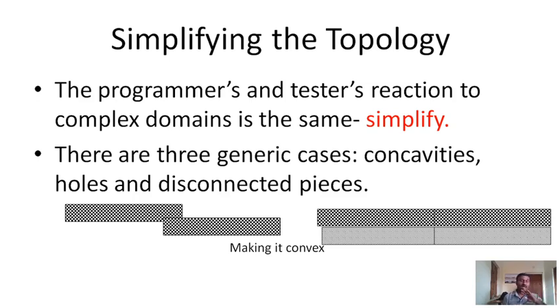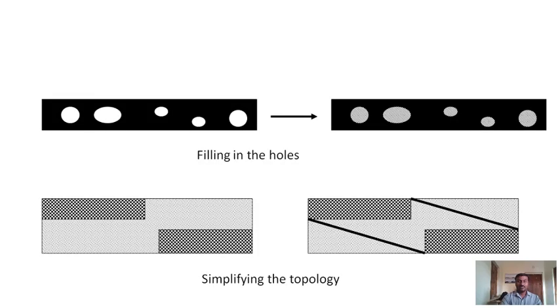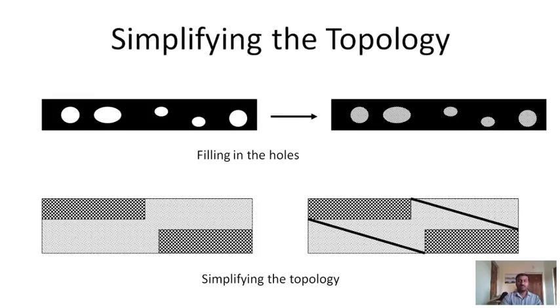In nice domains, they are complete, but if the domain contains holes, they come under ugly domains. In nice domains, the pieces are simply connected, but here they are disconnected. Such concepts all come under ugly domains. These are simplified topologies of ugly domains.